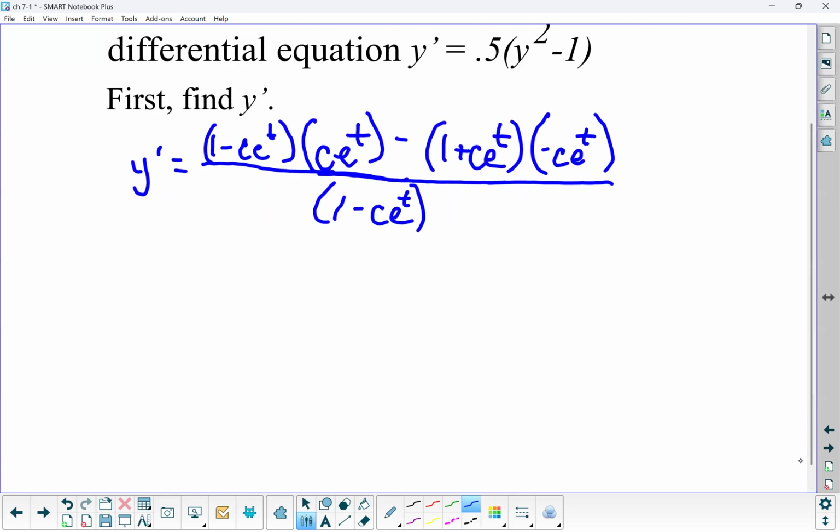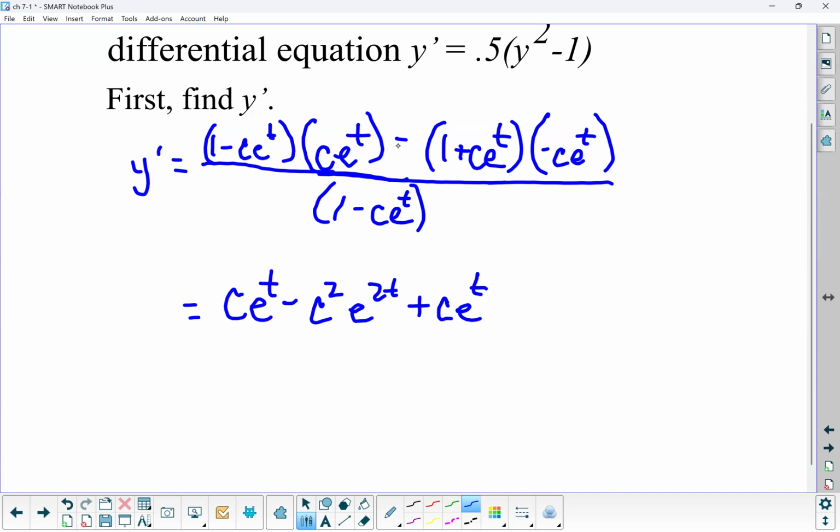And we are going to simplify this a little bit. If I distribute, I would get ce to the t minus c times c is c squared, e to the t times e to the t is e to the 2t, minus, we have negative ce to the t times 1, so minus a negative becomes plus ce to the t.